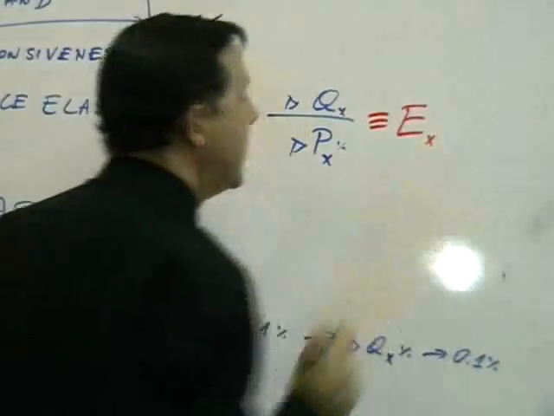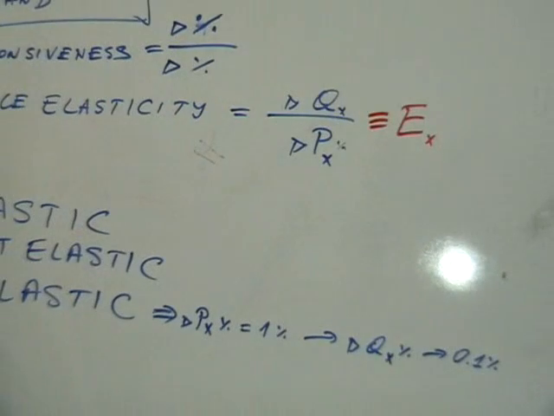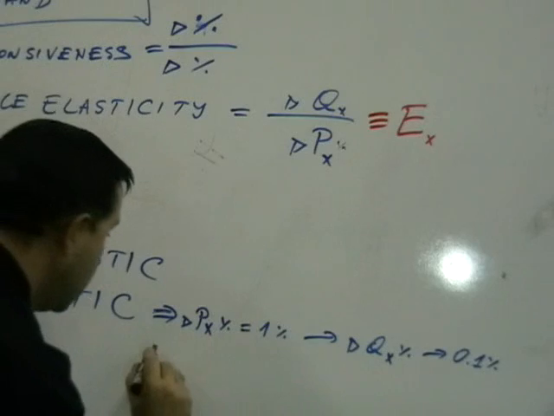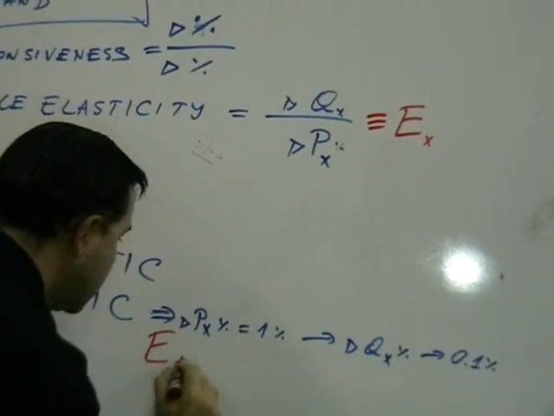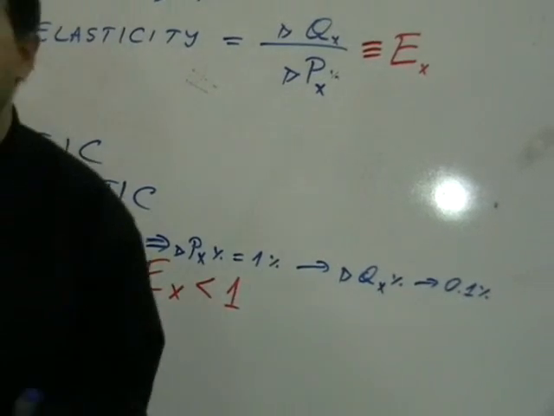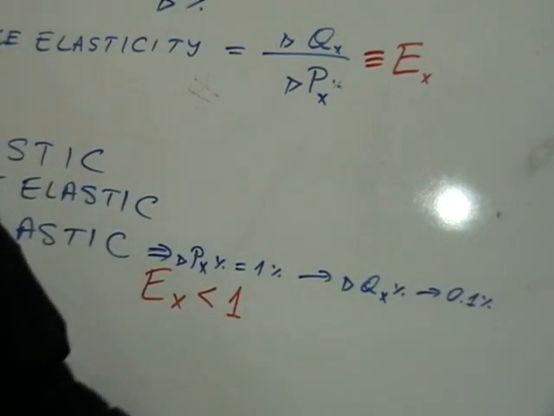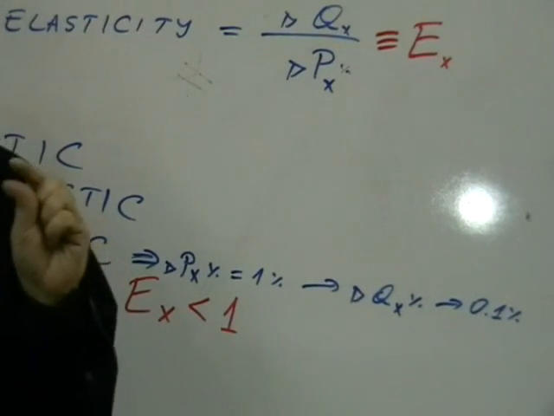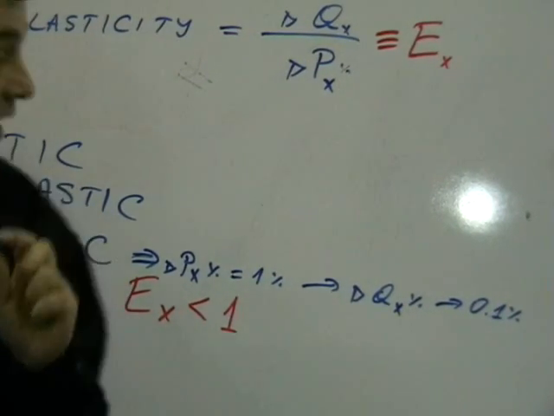Elasticity, and let's call it X. It will be inelastic when the elasticity of X is less than 1. In other words, for a 1% increase in price, the quantity will fall by less than 1%.